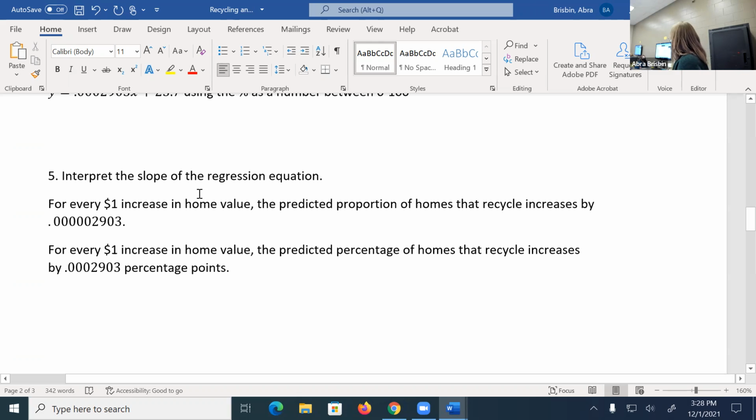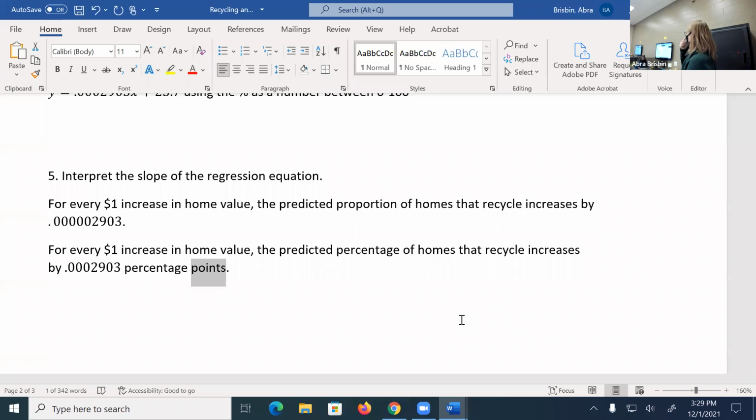So I like to say percentage points here in order to clarify that this is how much we're adding to the percent, rather than, like, if your salary increases by 10%, if you were earning $100, that's a bad example.